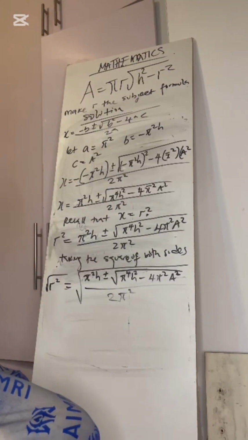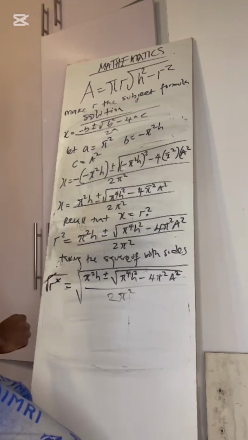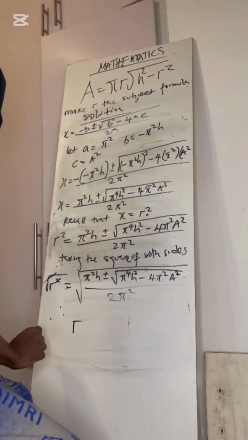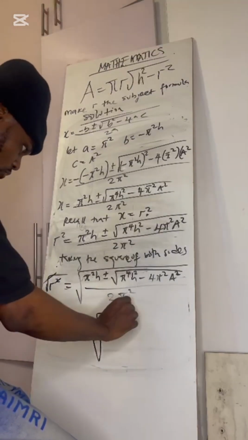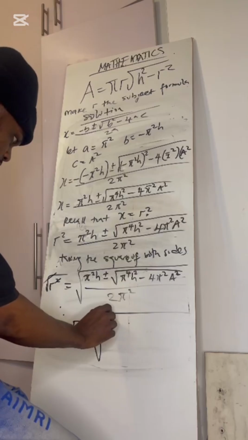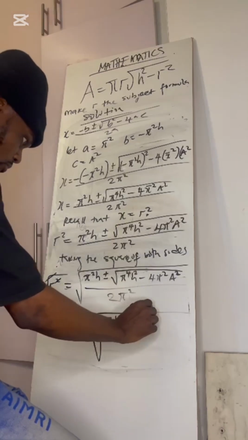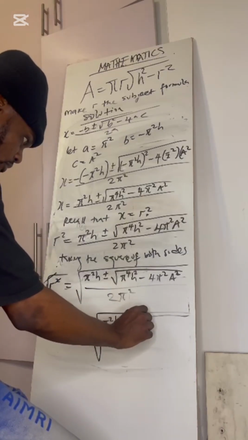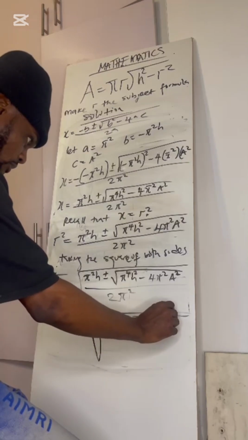Therefore this square will cancel this. Therefore our answer is r is equal to the square root of pi square h plus or minus the square root of pi to the power 4 h square minus 4 pi square a square.